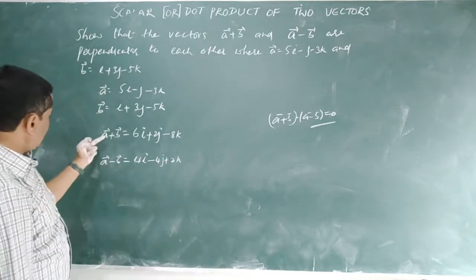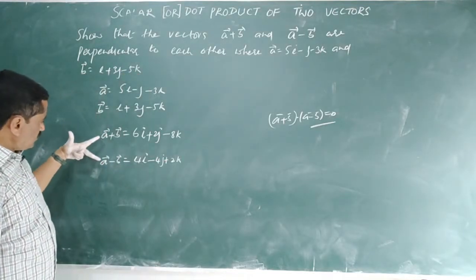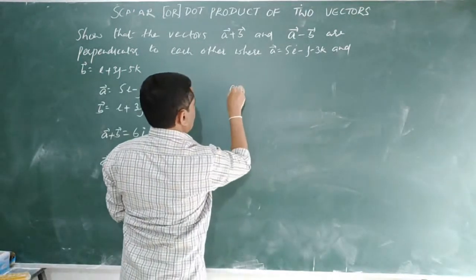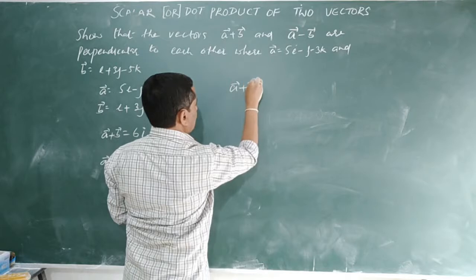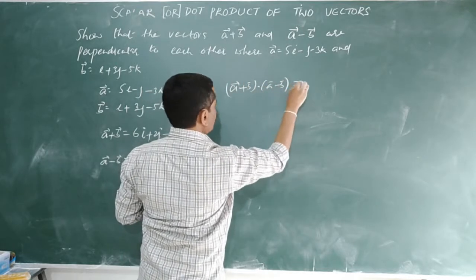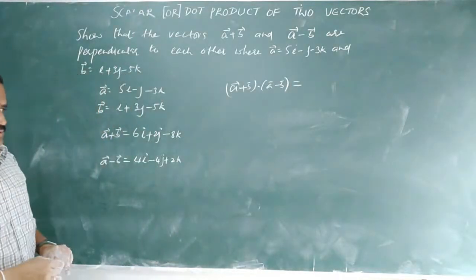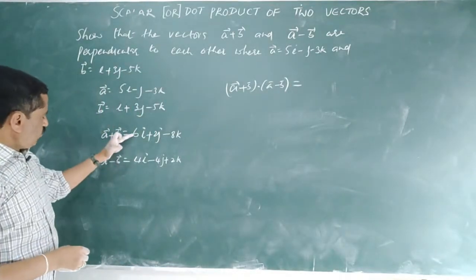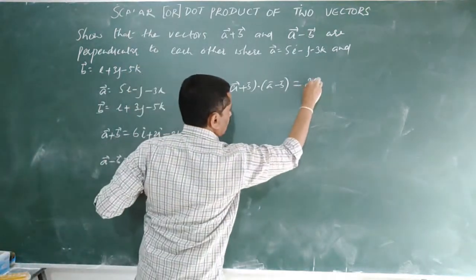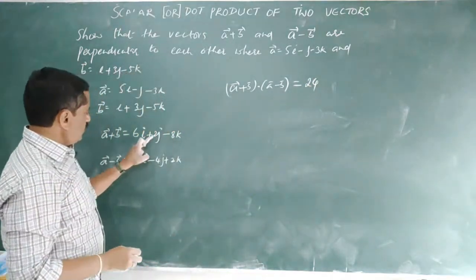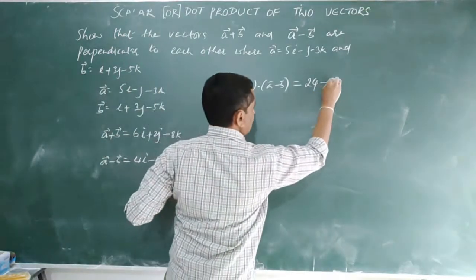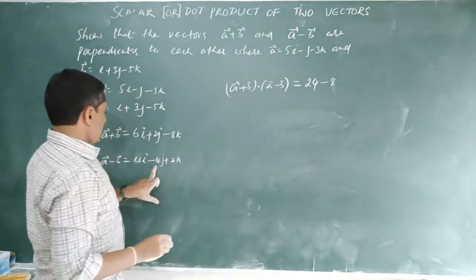So now we need to find the dot product of these two vectors, that is a bar plus b bar dot a bar minus b bar. That is 4 into 6, we have 24. Again 2 into minus 4, we have minus 8.